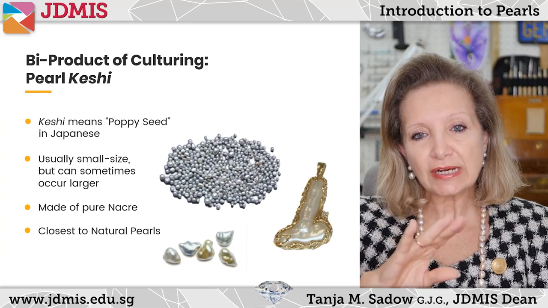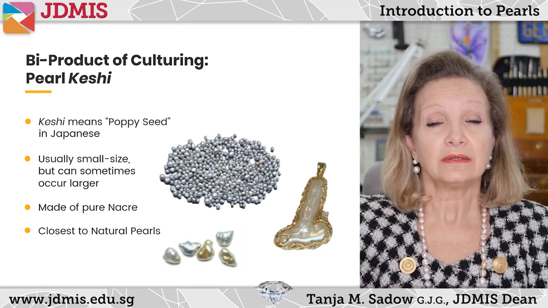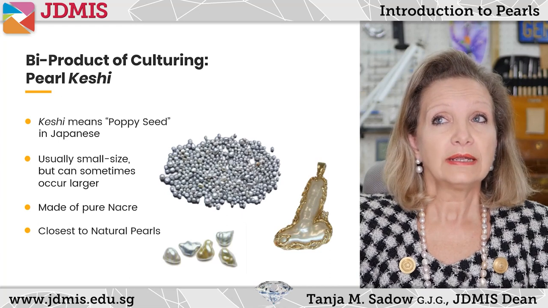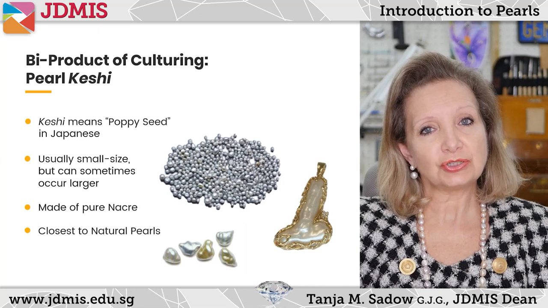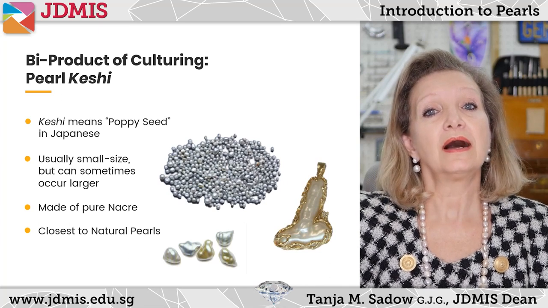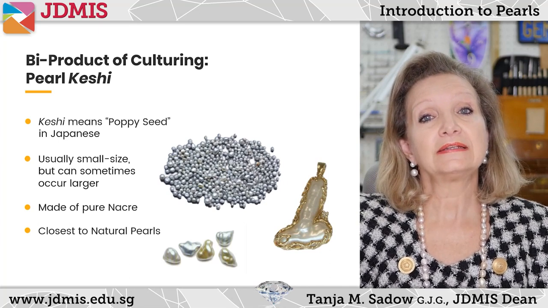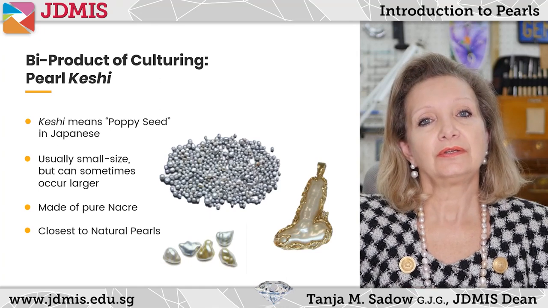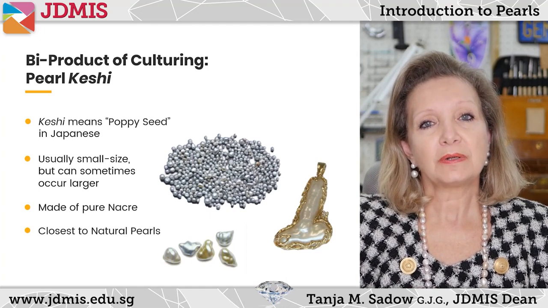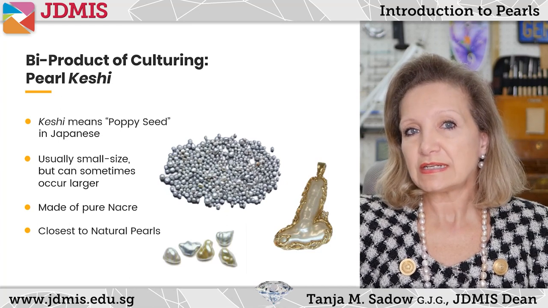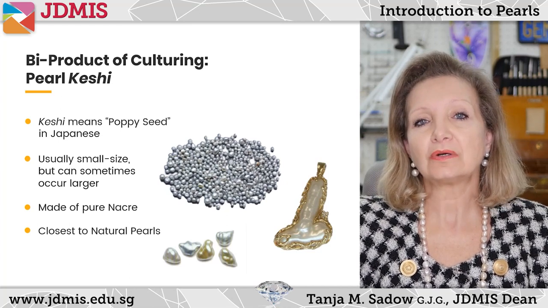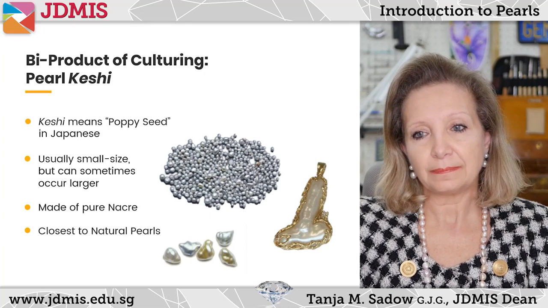And if it does reject the nucleus, the oyster could die, or if it doesn't die and it still retains the little piece of mantle tissue that had been put inside with the nucleus, then it can still make a pearl using that. And those pearls tend to be a little bit larger, but they're still also known as keshi because it's a byproduct of the culturing system.